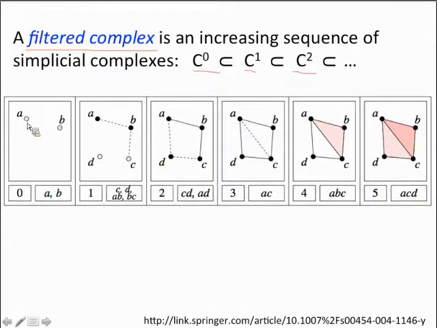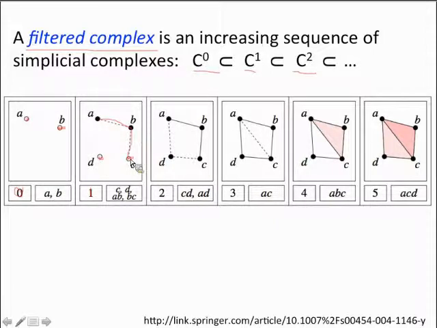So we can start off with exactly 2 vertices. When they enter, they're a lighter color. That was at stage 0. At stage 1, we will add in 2 more vertices, plus 2 more edges.